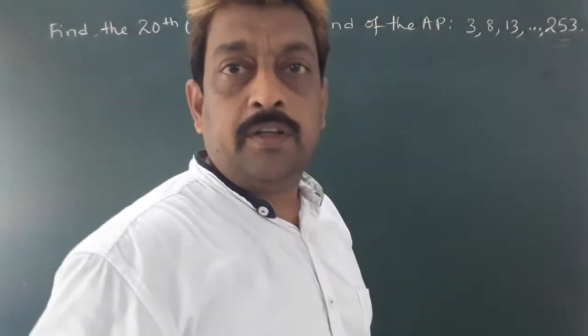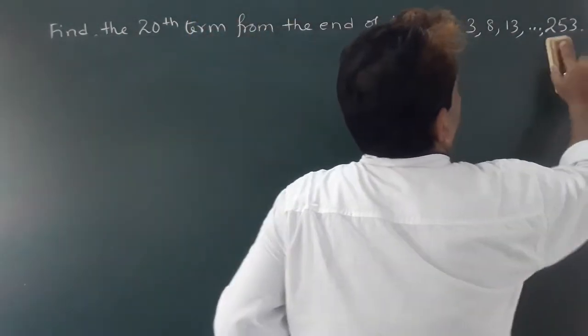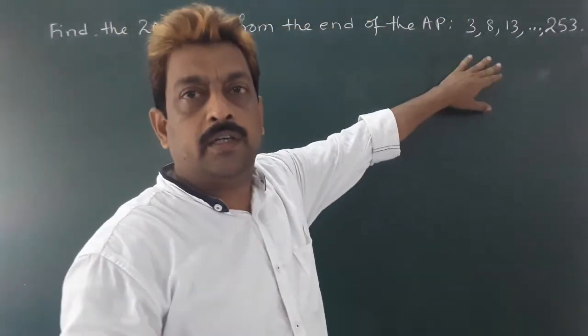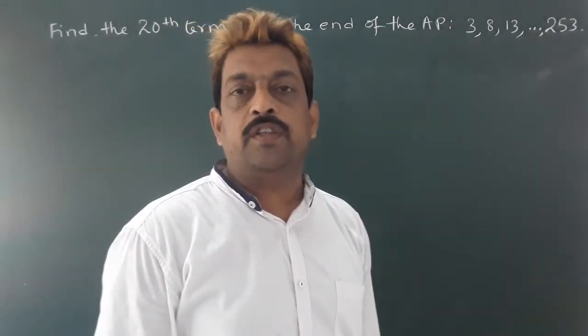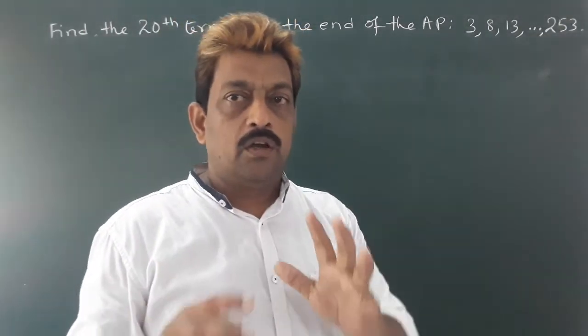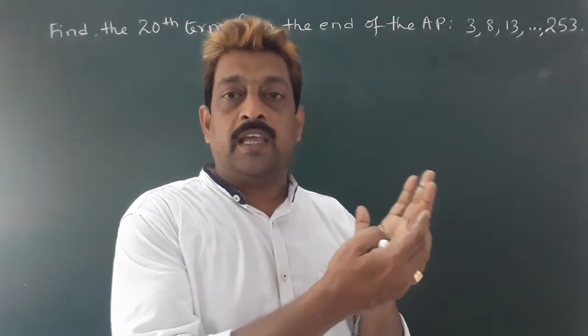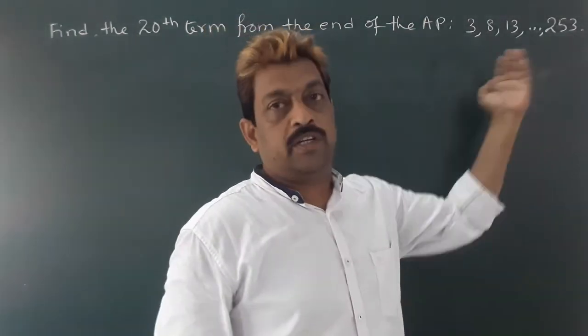So an AP is given, 3, 8, 13, and the last term is 253. We have to find the 20th term from the end, meaning from this side, the 20th term.